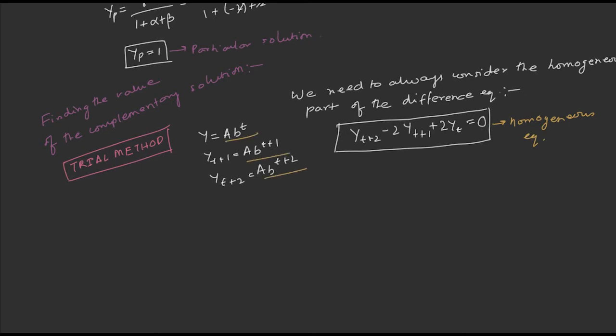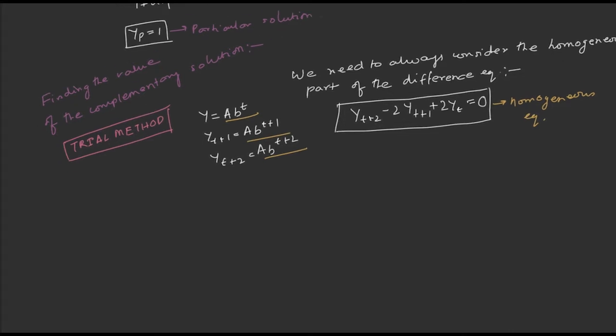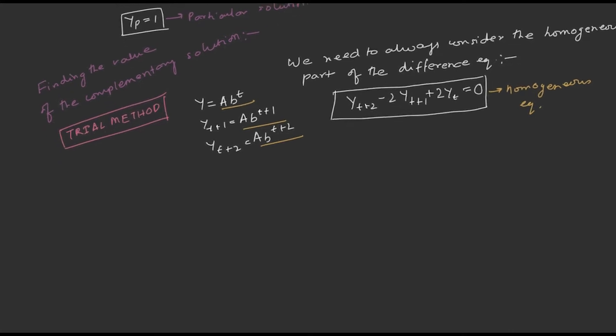Now we'll substitute these values of y t, y t plus 1 and y t plus 2 in our homogeneous equation.